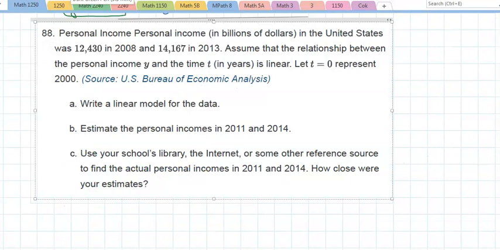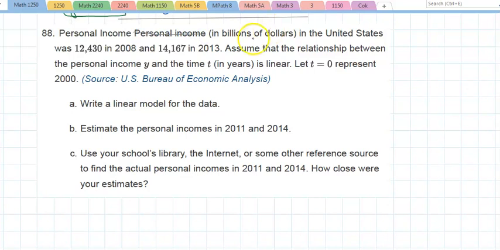On number 88, personal income, I think they wrote that twice. Personal income in billions of dollars in the United States was 12,430 billion, right? So in the year 2008. Anytime you're dealing with years, you want to think of it as your birthday.